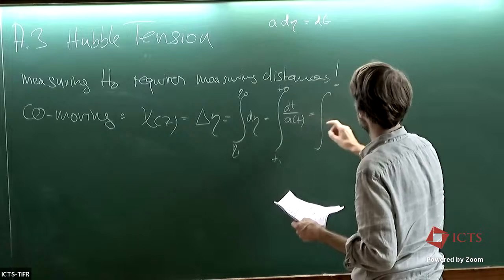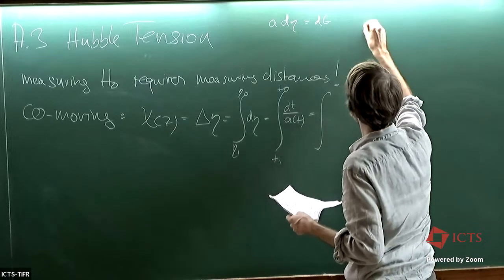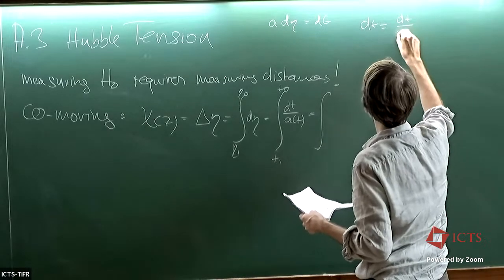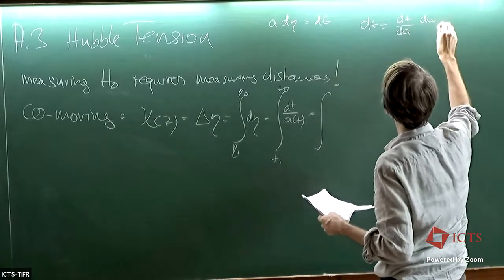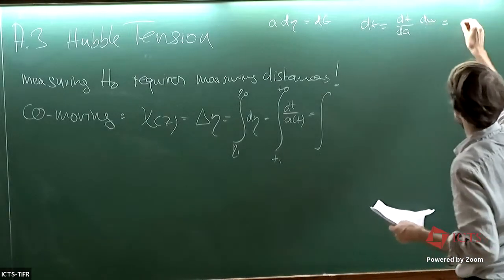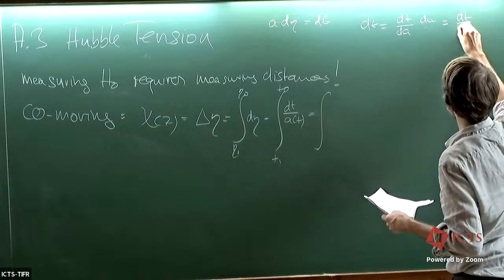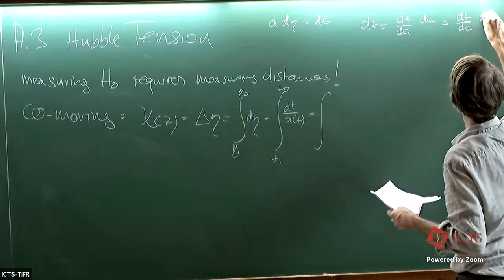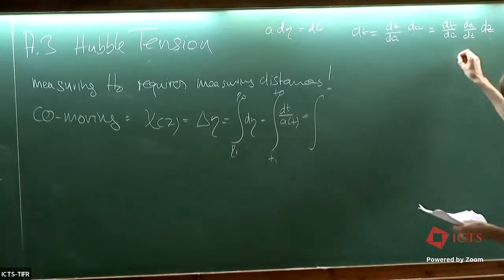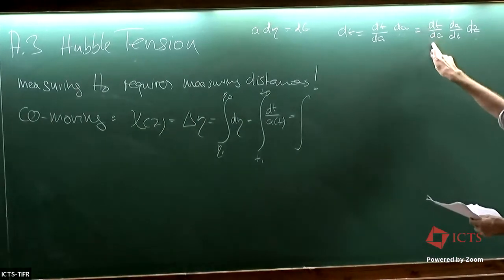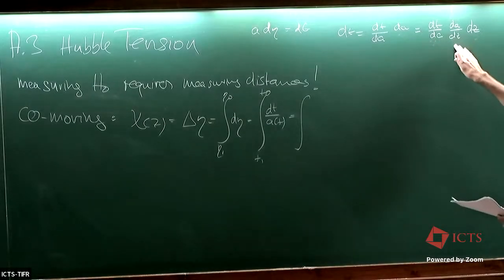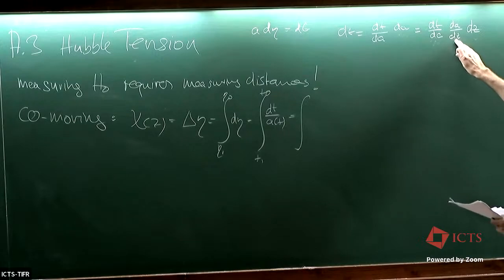So what you do for that is essentially that you write dt as dt by dA, and then you further rewrite dA as dA by dz times dz. So you just use the chain rule, and dt by dA you can express in terms of the Hubble parameter. And for dA by dz, you just use the definition of redshift.